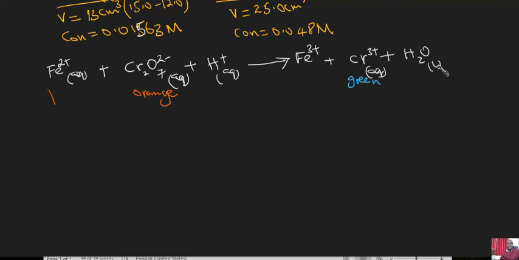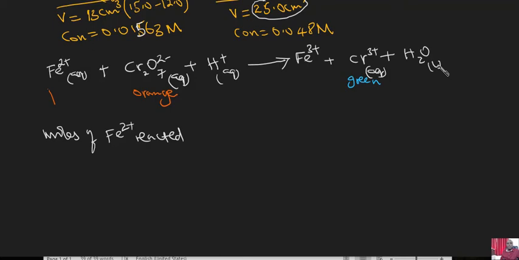So moles of iron 2 reacted. To calculate moles in a volume, this is a volume which has reacted, and we want to know how many moles were in that volume.